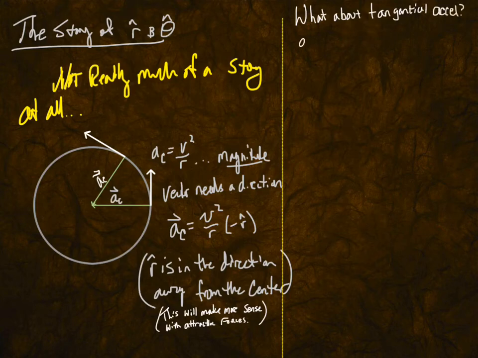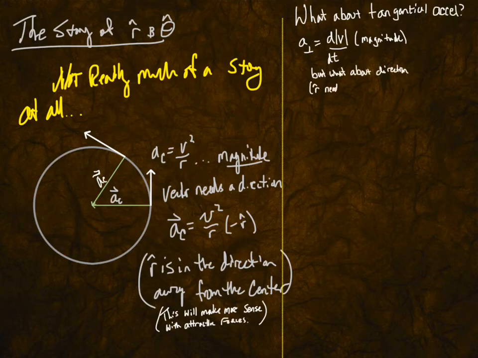Okay, so what about the tangential acceleration? Well, the tangential acceleration is just the change in the magnitude of our speed with respect to time. That's going to be the magnitude of our tangential or our perpendicular acceleration. However, it too needs a vector. And r hat needs a partner.